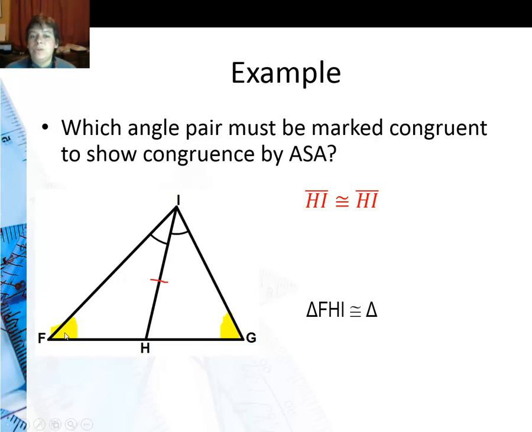So I don't want to use this angle. Instead, I'm going to use this angle and this angle. So if I show that angle FHI is congruent to angle GHI, then I have enough information to show the two triangles are congruent by angle, side, angle.